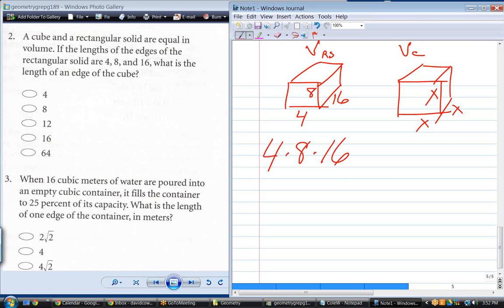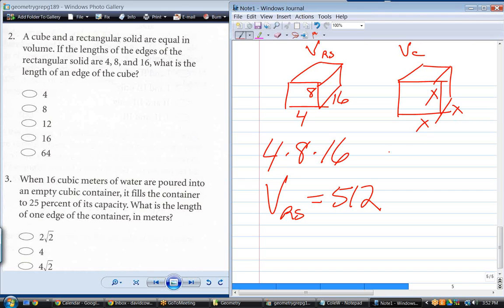Let's see. Here, I have a calculator here. 512. So the volume of the rectangular solid is 512. So how do I solve for x?